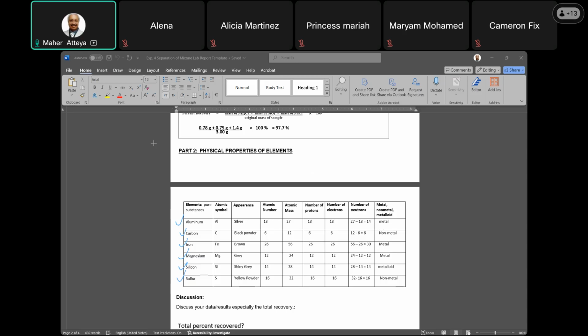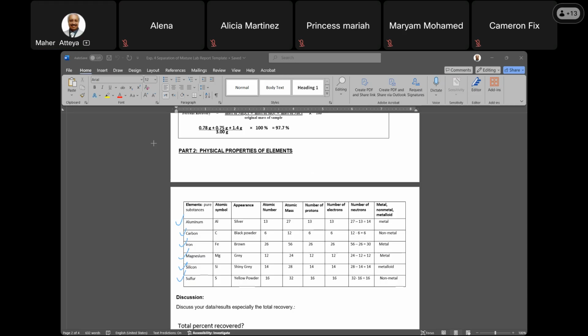Magnesium is shiny gray. Silicon is a little bit dull gray, so it's grayish. And sulfur is very bright yellow crystals. All of those are solids.